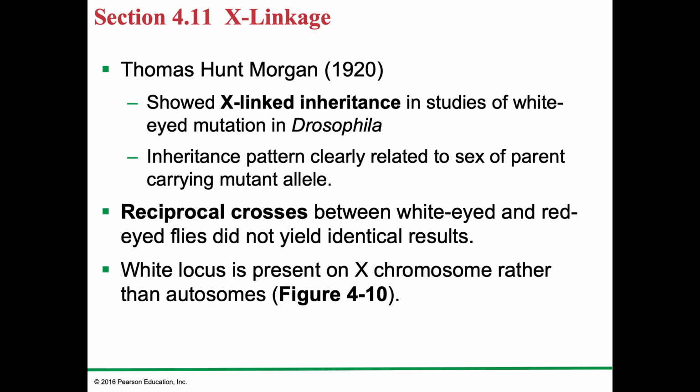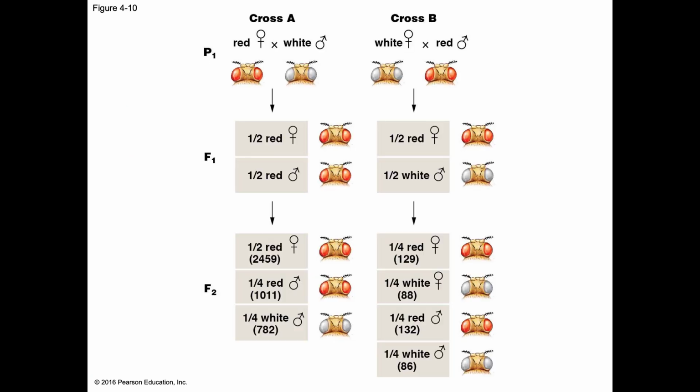And there's a mutation in Drosophila that leads them to have white eyes. But what he saw was that for the most part, the sex that most commonly had white eyes was the male. And so that led him to determine that the locus encoding the gene that led to eye color is actually on the X chromosome.